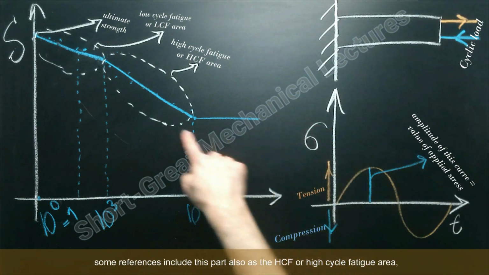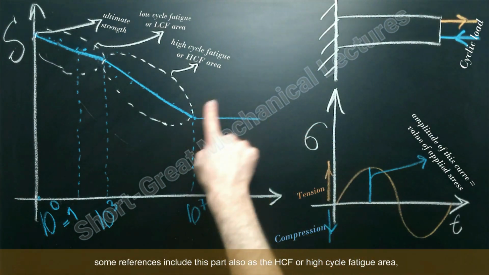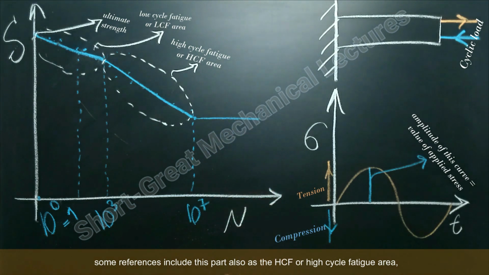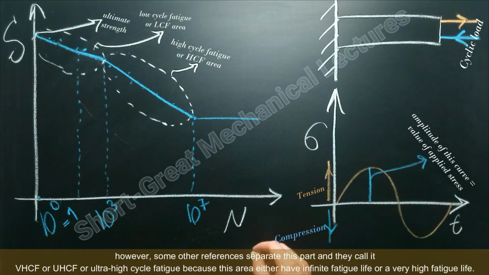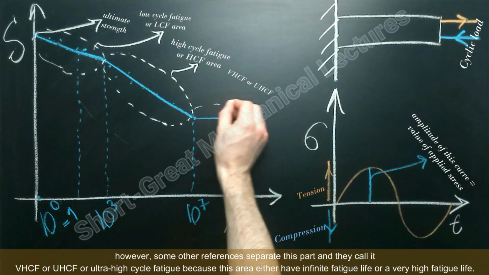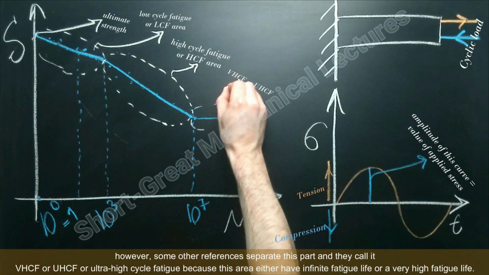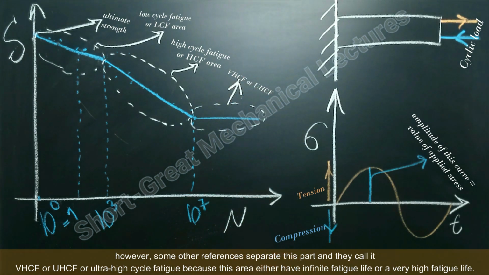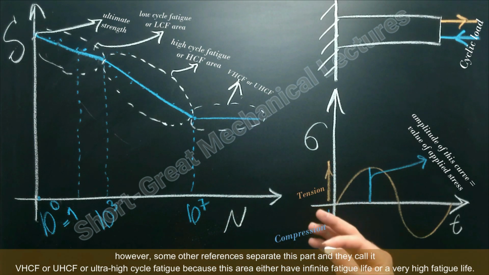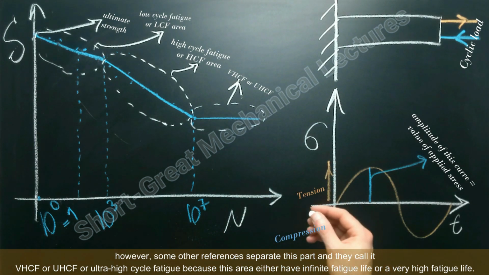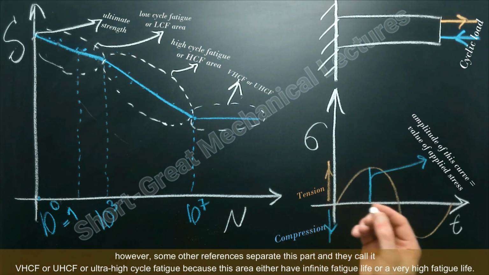Some references include this part also as the HCF area. However, some other references separate this part and call it VHCF or UHCF, ultra high cycle fatigue, because this area has either infinite fatigue life or a very high fatigue life.